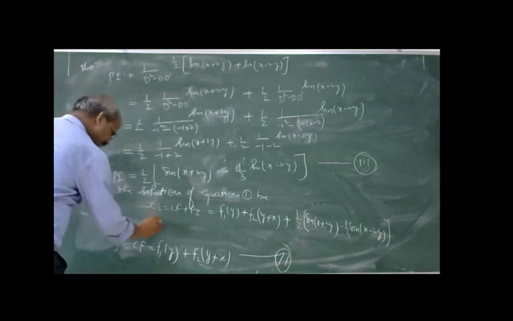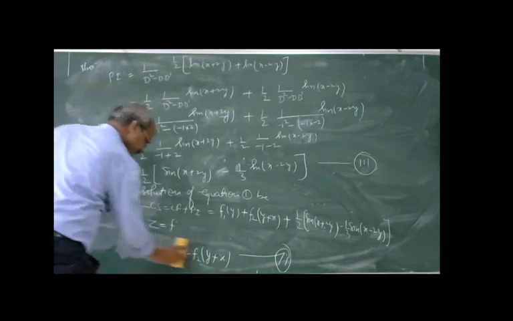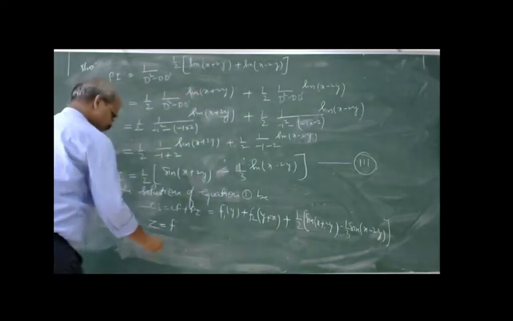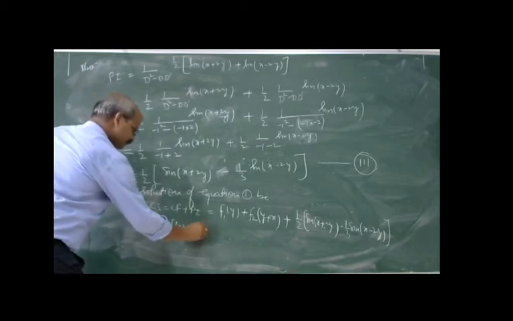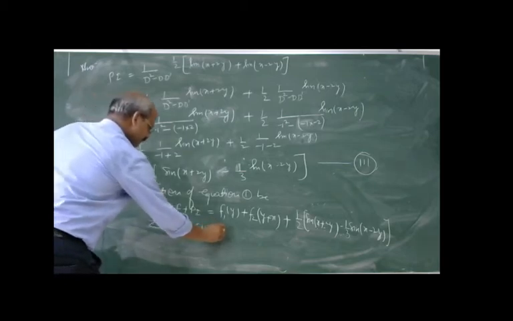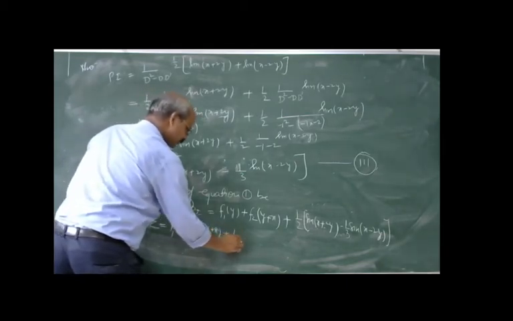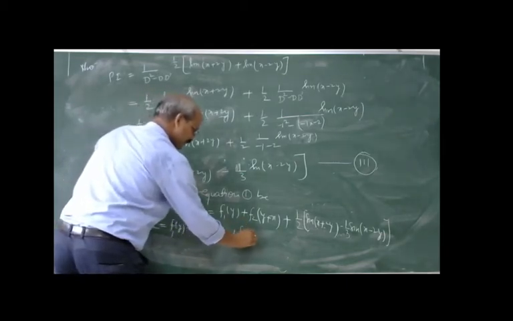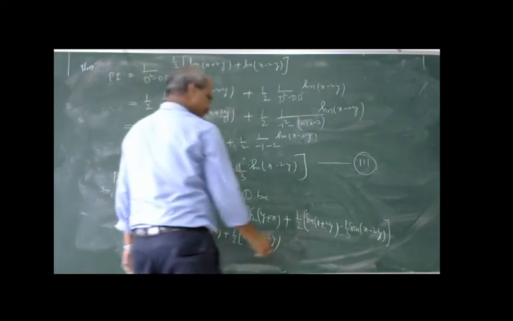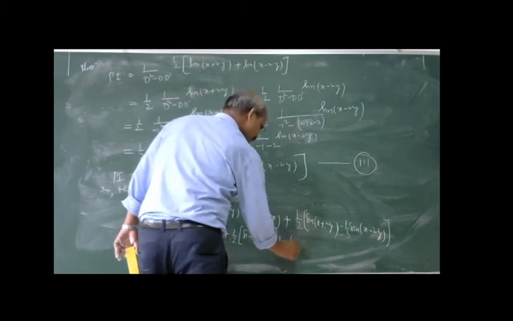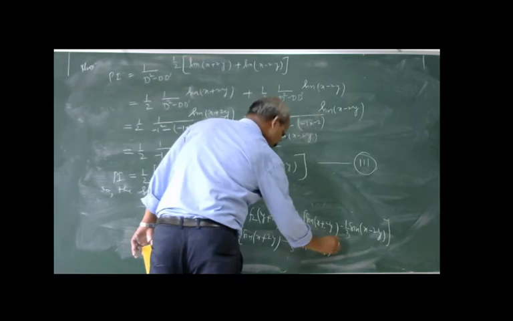This is z equal to f1y plus f2y plus x plus 1 by 2 sine x plus 2y minus 1 by 3 sine x minus 2y.